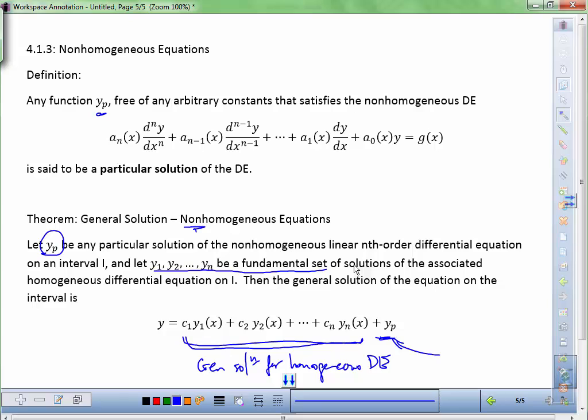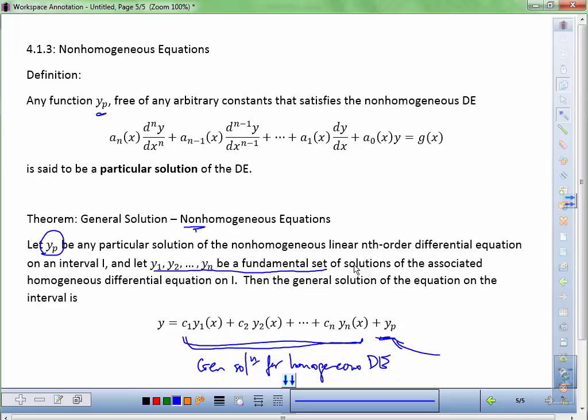First you have to solve for the homogeneous differential equation, and then you have to find a particular solution. Okay, so how do you find a particular solution? Well, first, how do you solve for the homogeneous differential equation? And then, how do you find a particular solution? Once we start doing these things, then hopefully this will fly a little bit better.